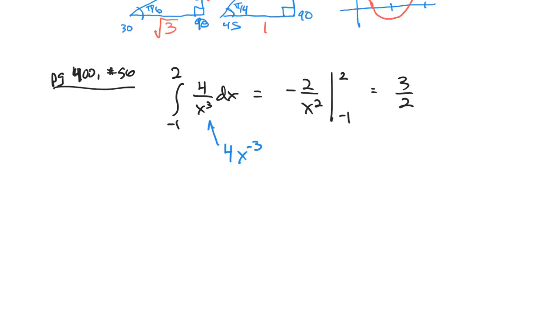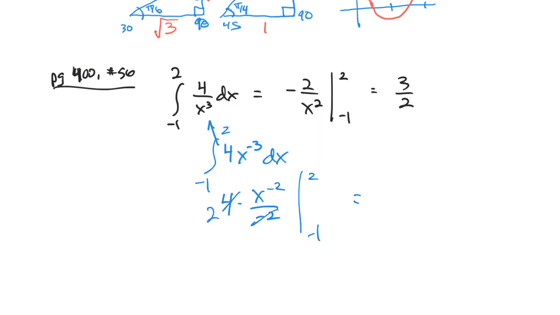So if we were to integrate this, let me just do this real quick. So we have the 4x to the -2 divided by -2, right? And we've got, from -1 to 2. All right, so then we would plug in, well, this would cancel.